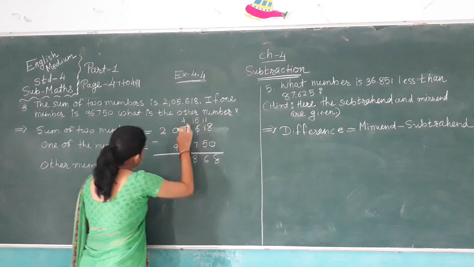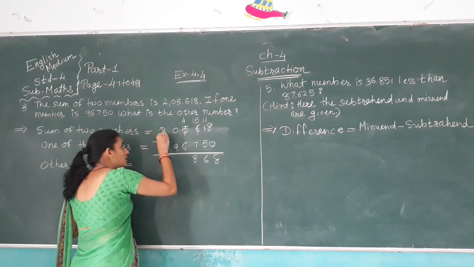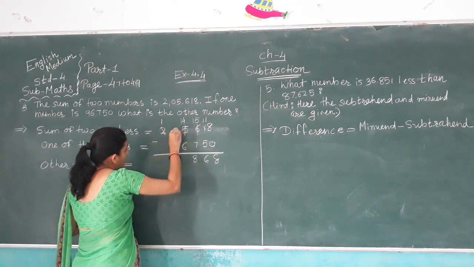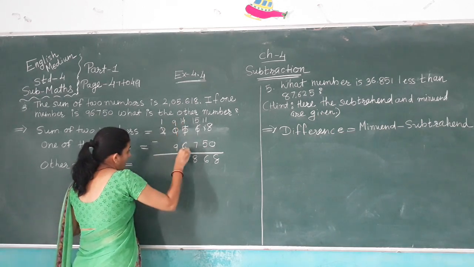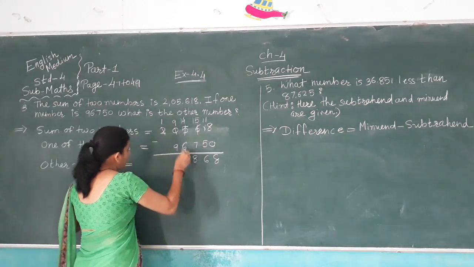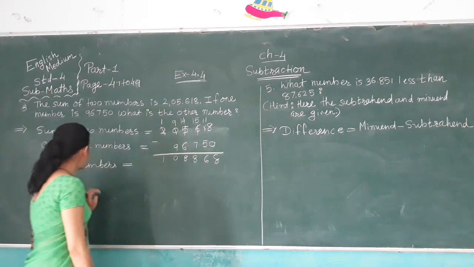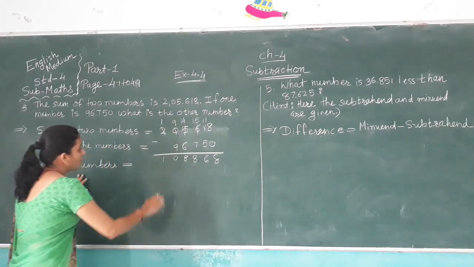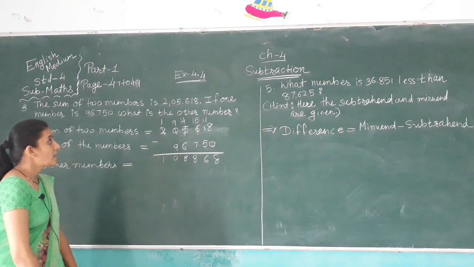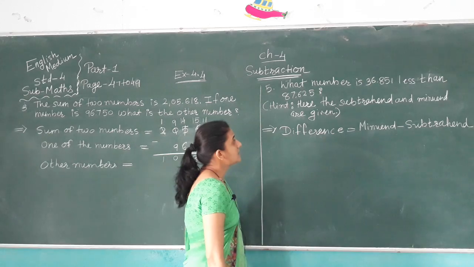Again 4 minus 6 is not possible, but here is 0. Borrow from other places. Cut here 2, write here 1, here 14, here 9. 14 minus 6, 8. 9 minus 9, 0, and 1 down. So the other number is 1,08,868.